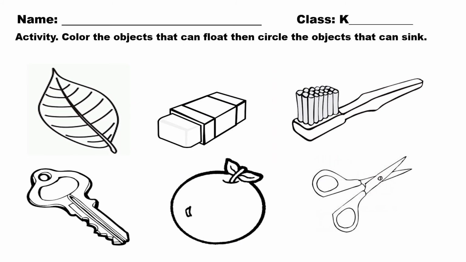Okay. Let us now move on with your activity. But before that, please check your worksheet if it's the same as the activity that you can see on your screen. It should be the same with your paper. And also, please write your name and your class, K3/5.